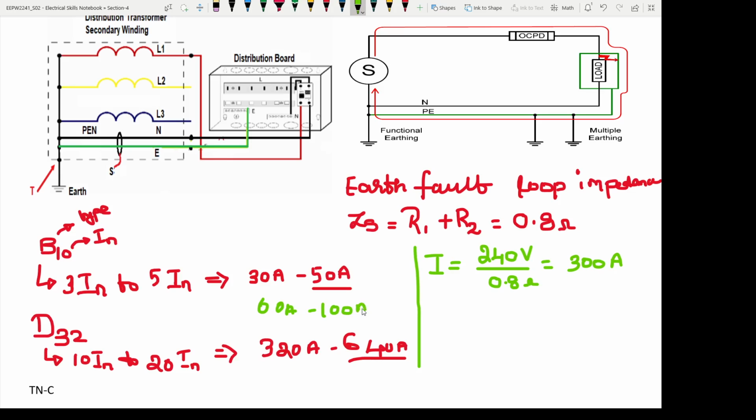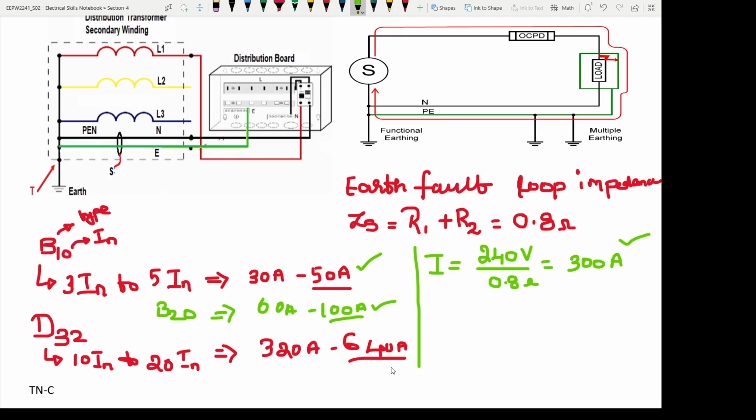Now the instantaneous current required to trip the MCB is 50 for B10 and 100 for B20, and the fault current flowing during the fault in the TN-S system is 300 amperes. So when we are using a B type MCB with a TN-S earthing system, 100% it is going to open the circuit without any problem.